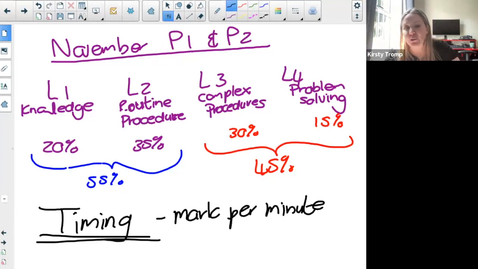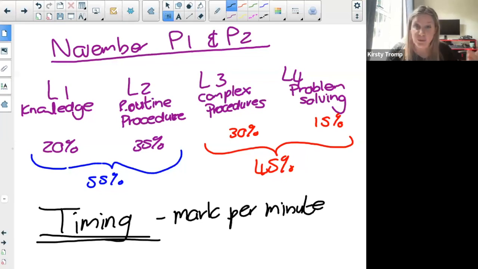If you are taking longer than a mark per minute in your exam, you are wasting your time. You really are wasting your time. You need to make sure you are sticking to that mark per minute timeline. In other words, if the question is for 2 marks, you're taking 2 minutes.